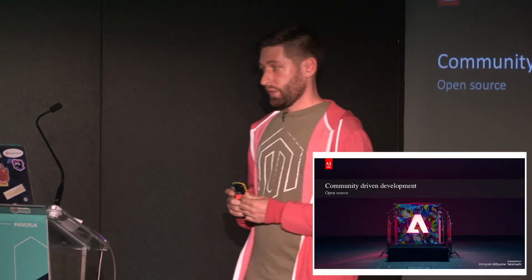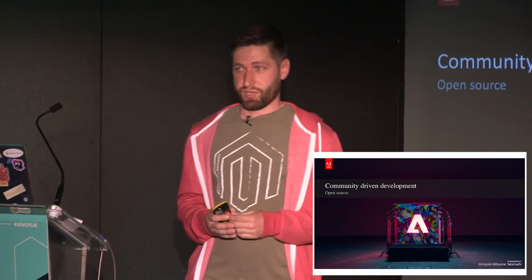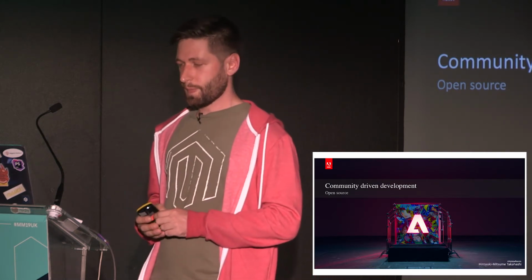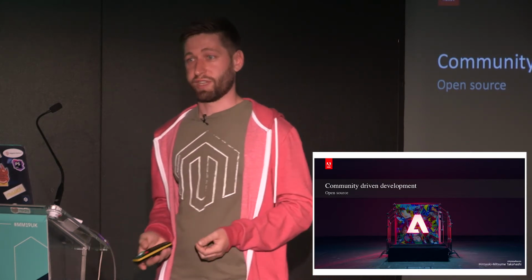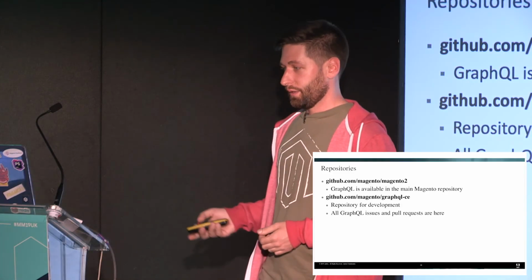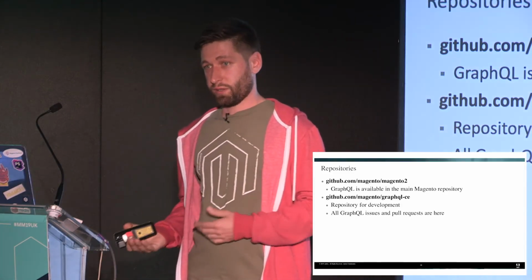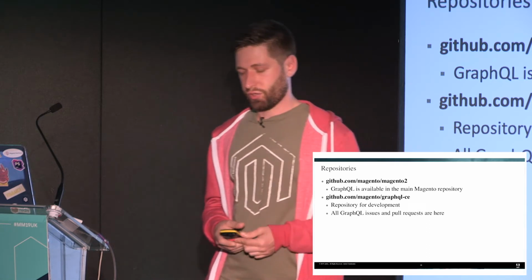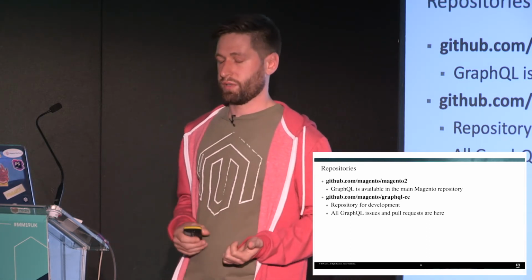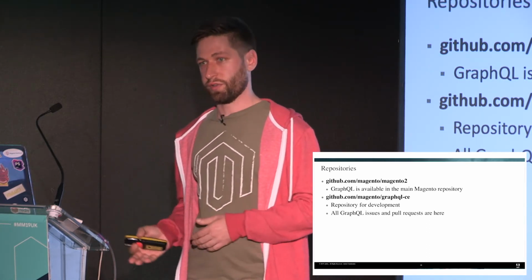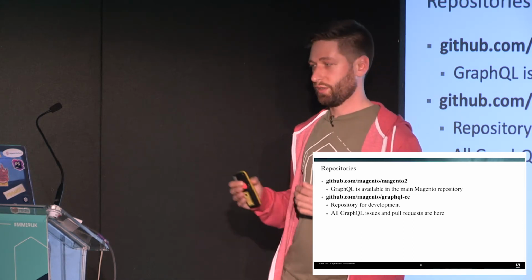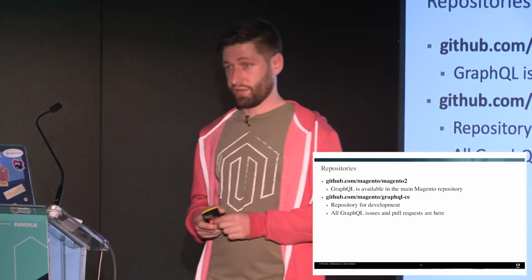Finally, I would like to tell about the processes that I used for GraphQL development, about the community. While GraphQL is available from the Magento 2 repository, it's available in core. All the work on GraphQL is going on in the Magento GraphQL CE repository.